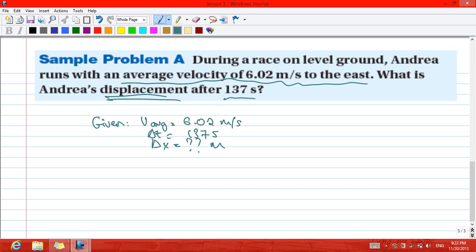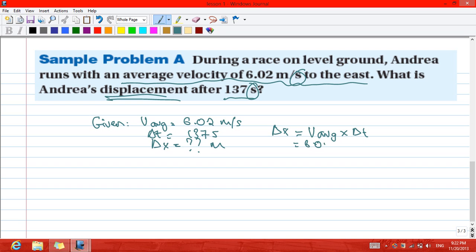And again, it's the same thing, so I'll just write the formula this time. So delta x equals the V average times the delta t. But this time as you noticed, both are in seconds. So we don't have to convert anything.